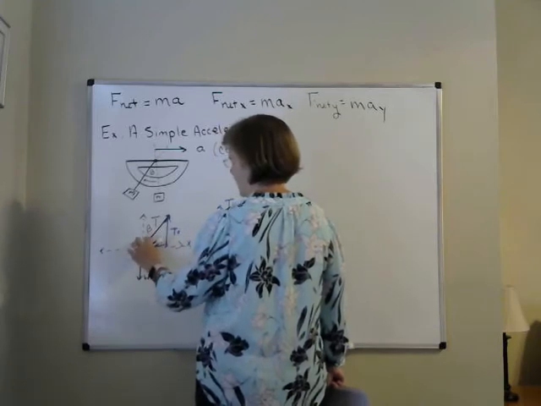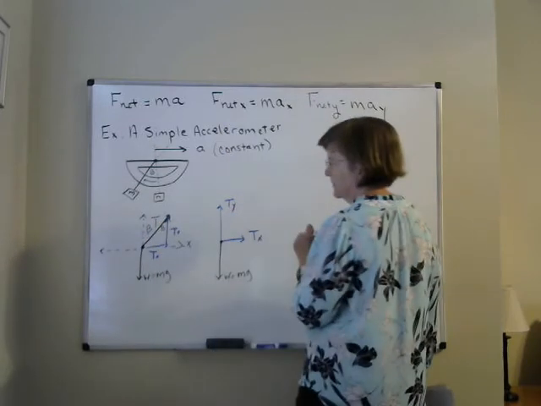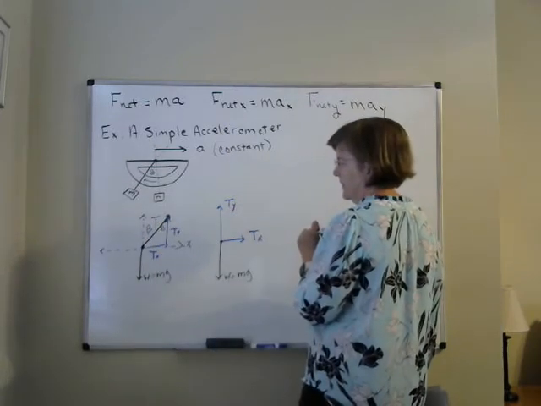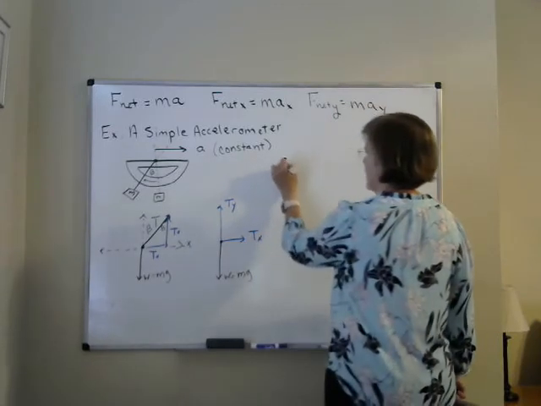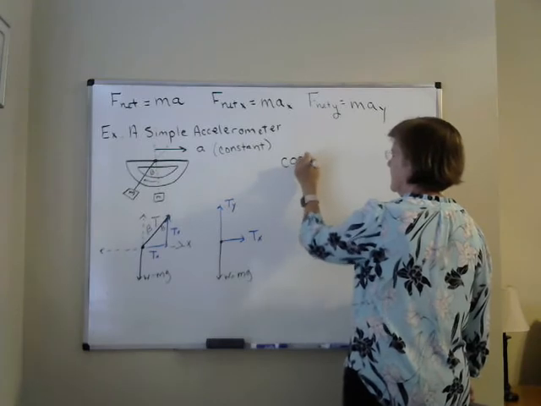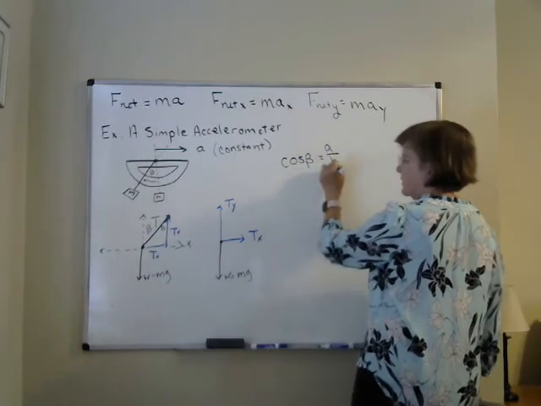If this angle is beta, then this angle is beta. And we're going to have to go back and use our trig again. Cosine beta, cosine is always adjacent over hypotenuse.